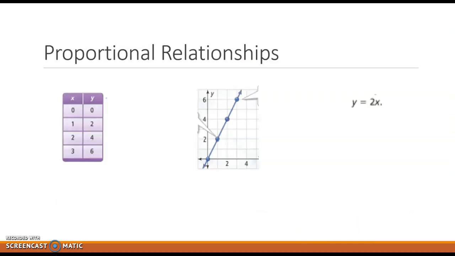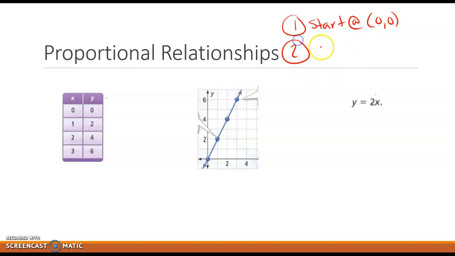All right. So what are proportional relationships? Well, there are a few things about proportional relationships. Here are 3 ways we show it, but there are 2 properties of proportional relationships. It always has to start at 0, 0.